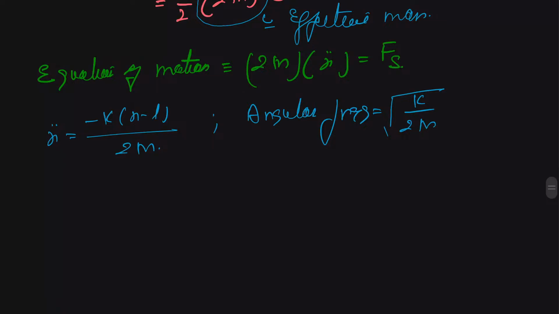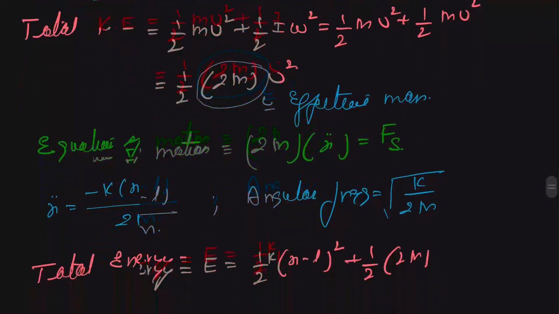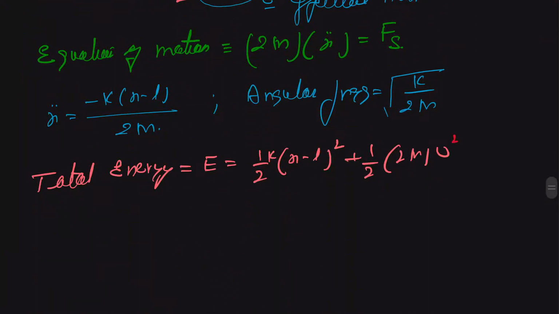And our total energy, let us call this E, is equal to the energy associated with our spring, that is half k x minus L whole square, and the energy associated with our kinetic energy, twice half m v square.